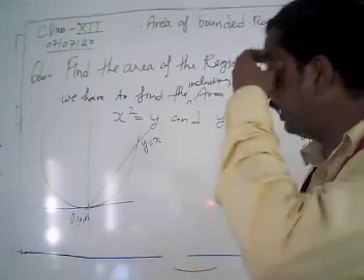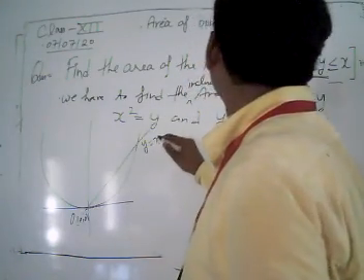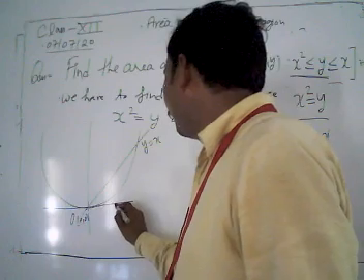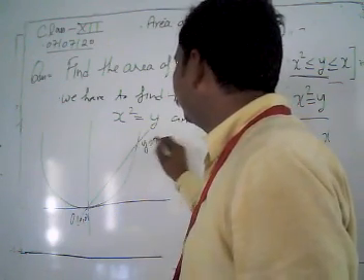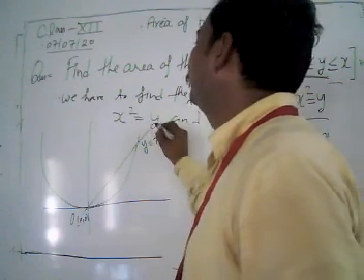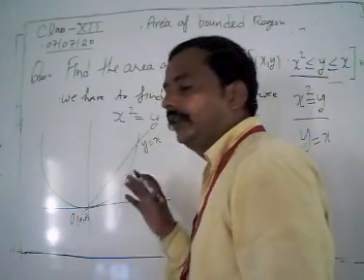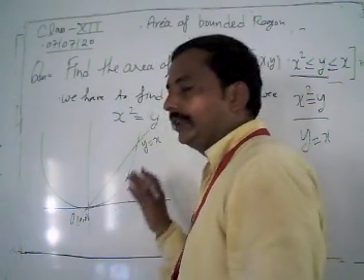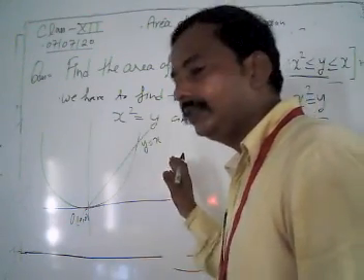Now we have to find the area between the region of parabola y equal to x square and y equal to x. Again from the last topic, we take y equal to x, putting it here, and we get our intersection points: x equal to 0 and x equal to 1. When x is 0, y is 0; when x is 1, y is 1.